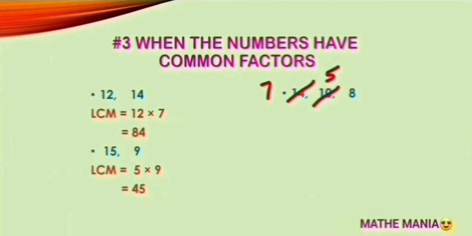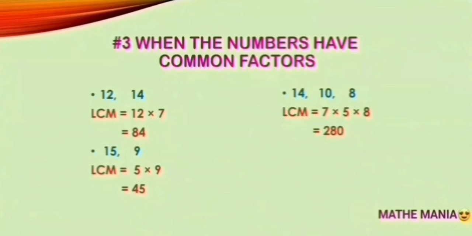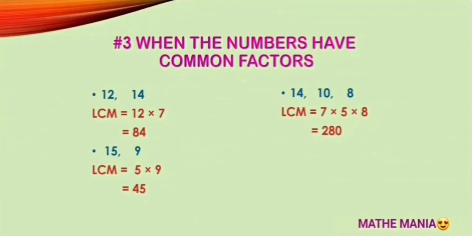And now if you see, these three numbers don't have any common factor. So I am actually applying all the three methods together. As no common factors are left, the product will be the LCM. Therefore, LCM is 280.